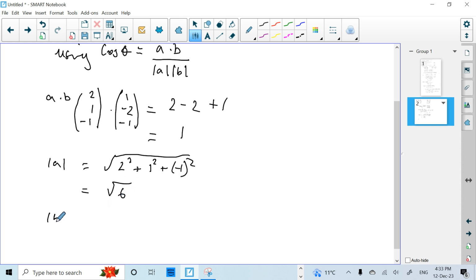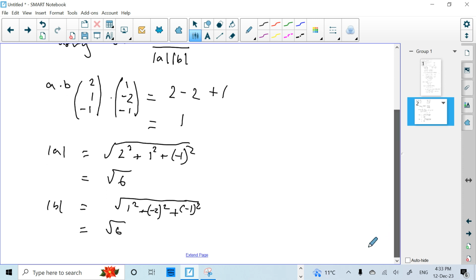And the modulus of B also looks like it's equal to the root of 6. Let's just see. Yes, modulus of B is 1 squared plus -2 all squared plus -1 all squared. That's 1 plus 4 plus another 1, which is also the root of 6.